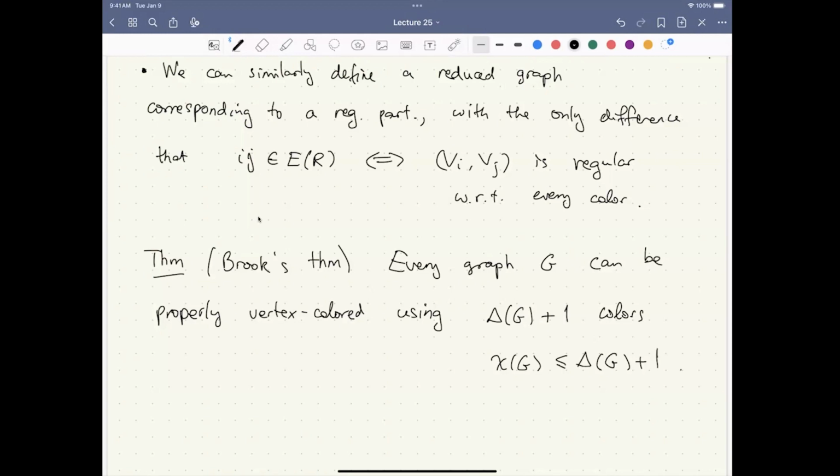Equality holds when G is a clique or odd cycle, for example.